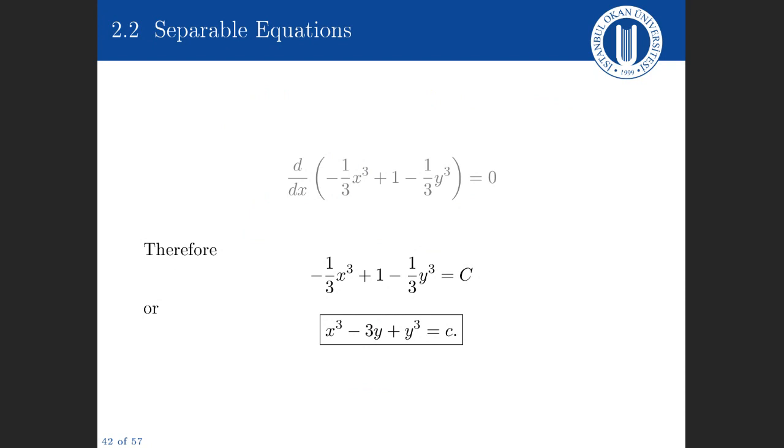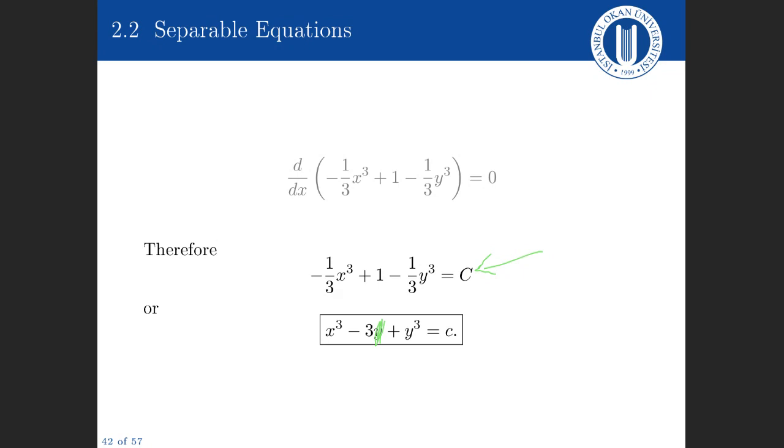There's two ways to write this. We could write this as minus 1/3 x cubed plus y minus 1/3 y cubed is equal to a constant, or I could multiply by minus 3. There's a mistake here, isn't there? And write this as x cubed minus 3.